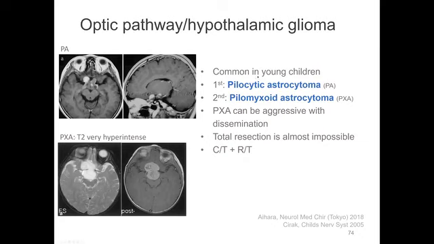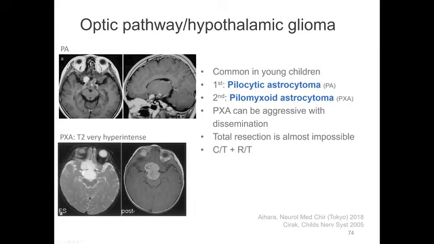And optic pathway tumors are common in young children, and based on some series from Japan, the most common one is still the pilocytic astrocytoma, but the second type is the pilomyxoid astrocytoma. And how do we differentiate these two? As I said, if you find some very, very hyperintense T2 in the solid part, it could suggest the pilomyxoid astrocytoma.